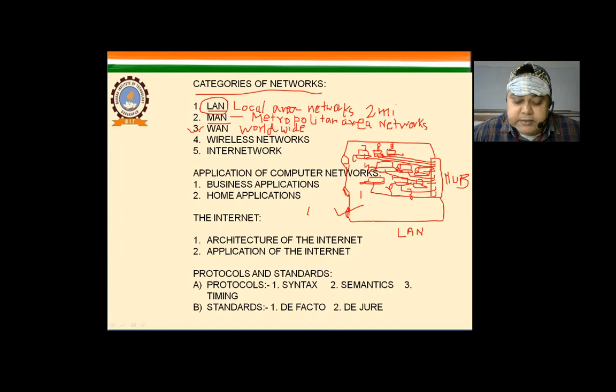Earlier LANs had data rates in the 4 to 16 megabits per second range.